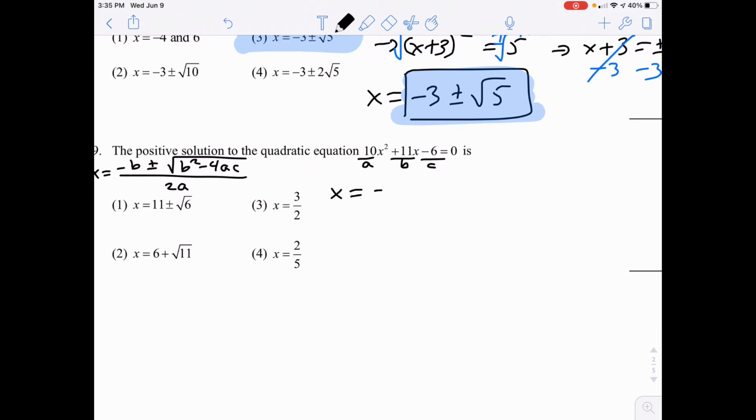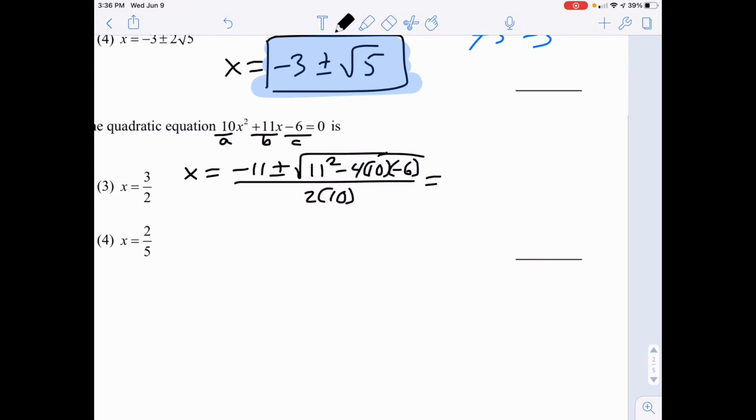So x is equal to negative 11, that's negative b, plus or minus the square root of b squared, that would be 11 squared, minus 4 times a times c. So a is 10, c is negative 6. All of that is over 2 times a, which is 2 times 10. Let's clean this up a bit.